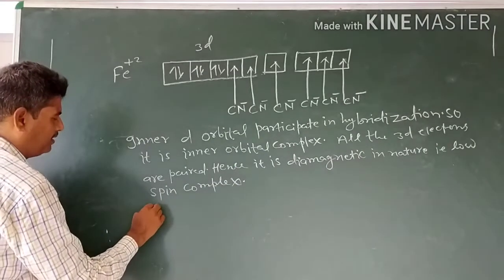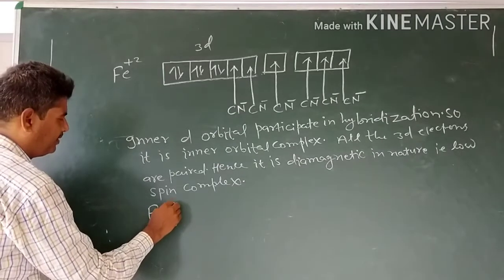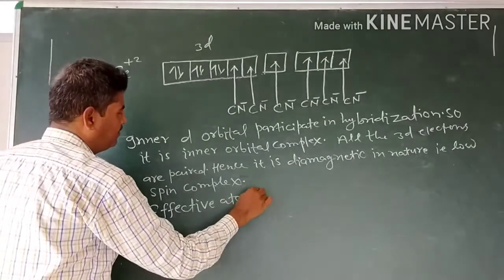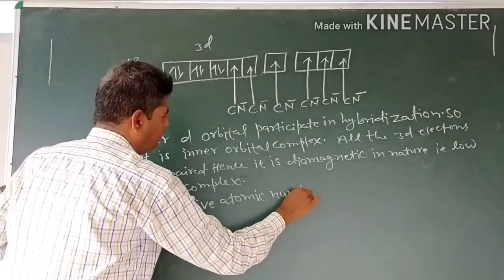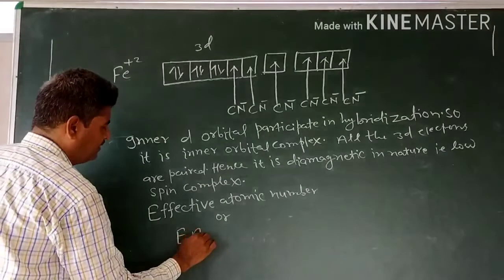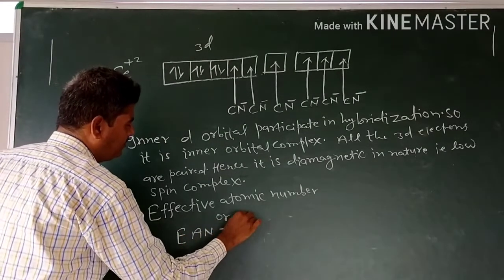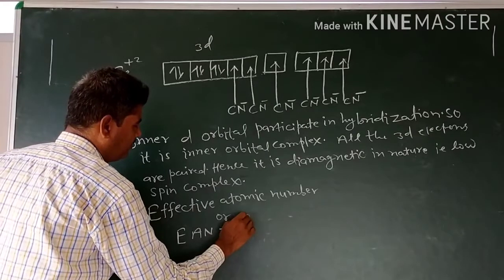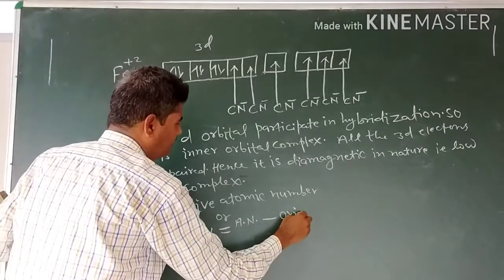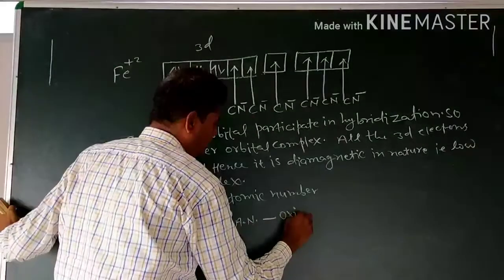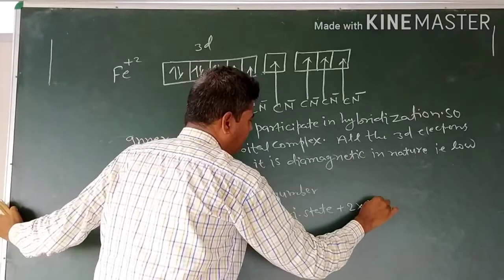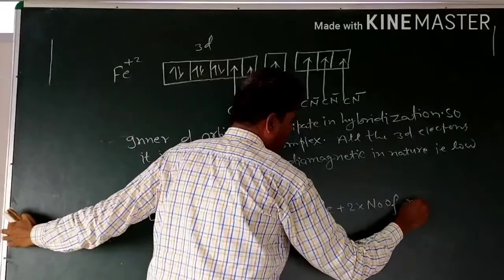Effective atomic number, EAN, equals atomic number minus oxidation number or oxidation state plus 2 times the number of monodentate ligands.